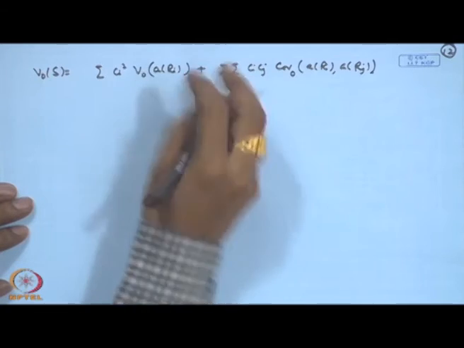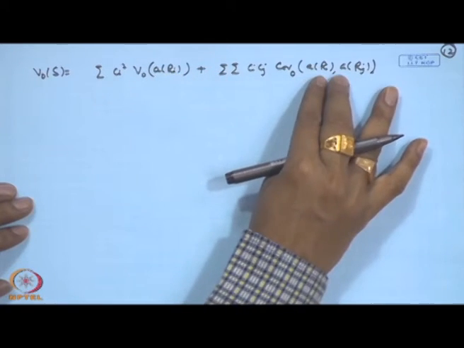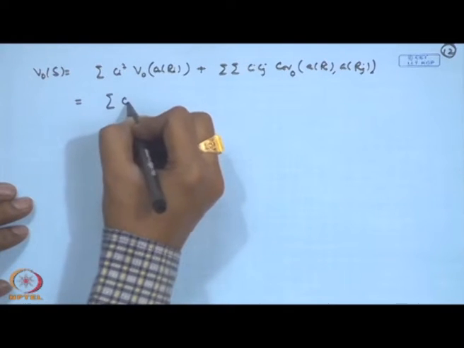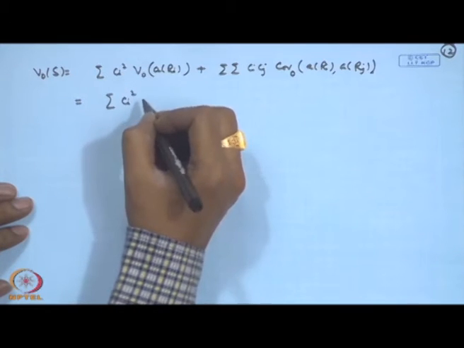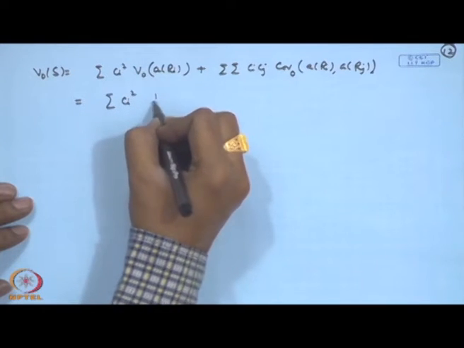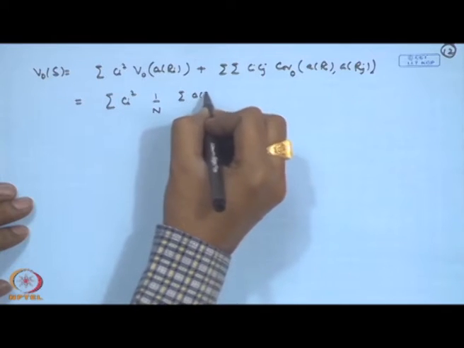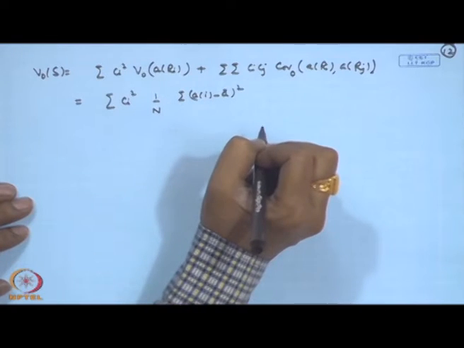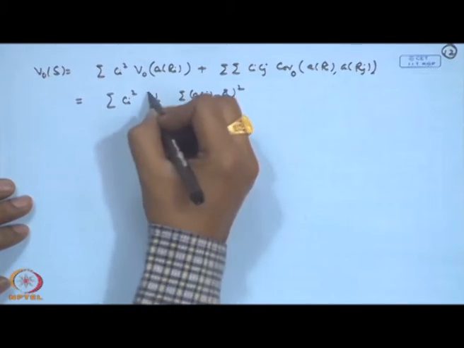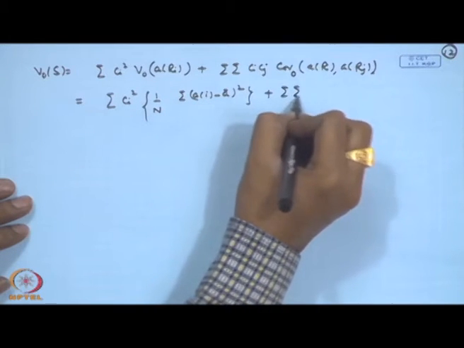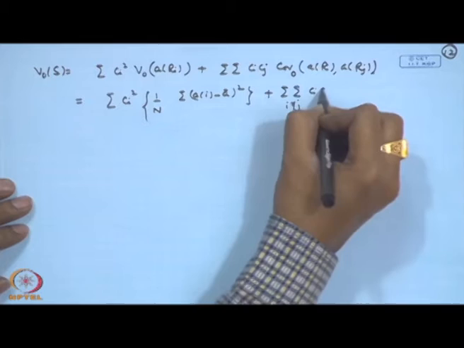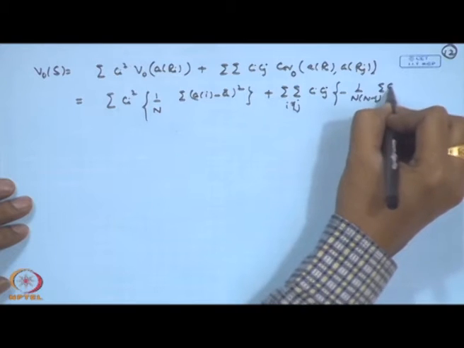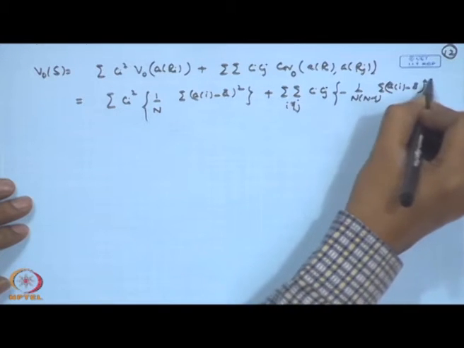The values of variance of A(R_i) and covariance of A(R_i) and A(R_j) have just been calculated. So, we substitute here. So, we get sigma C_i square, and this term is nothing but 1 by n sigma (A_i minus A bar) square, plus double summation i not equal to j C_i C_j, that is 1 by n into (n minus 1) sigma (A_i minus A bar) square.